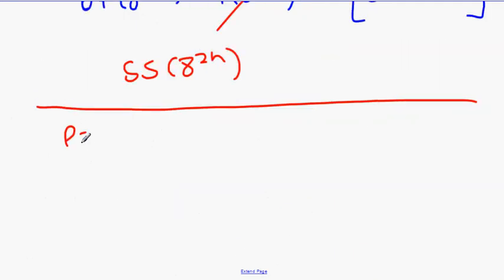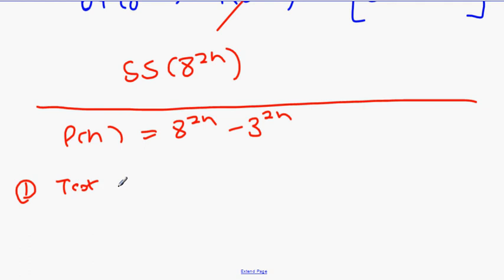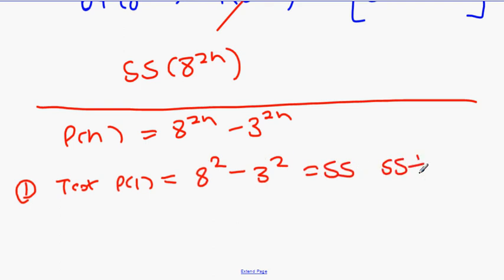We say that P of n equals 8 to the 2n minus 3 to the 2n. Step 1, test P of 1. So when we test P1, we're going to get 8 squared minus 3 squared, which is 55. 55 divided by 5 equals 11. Hence, true for P of 1.